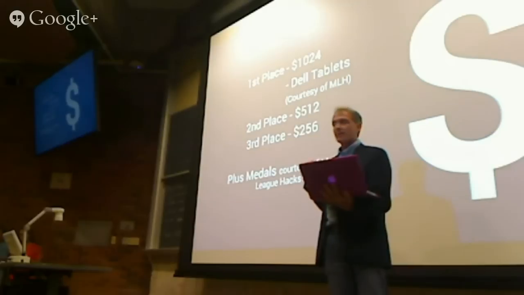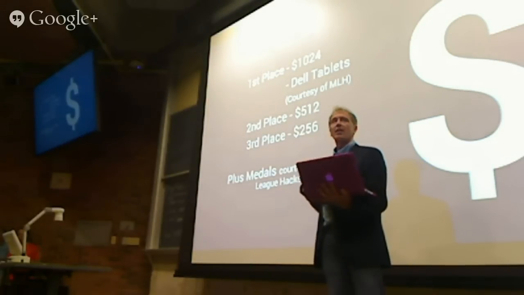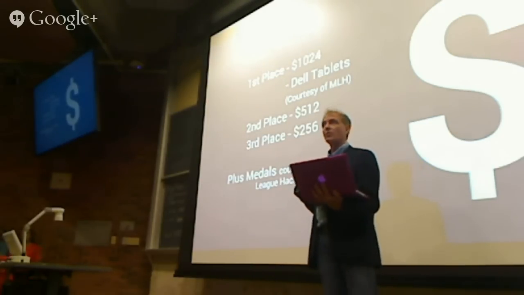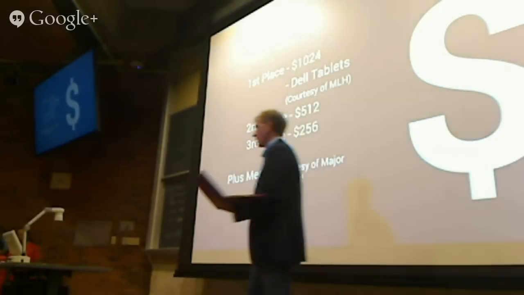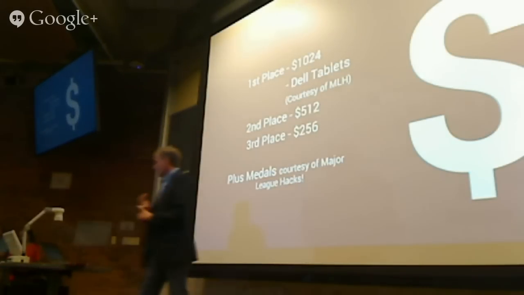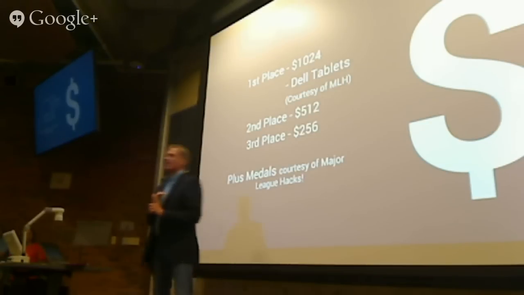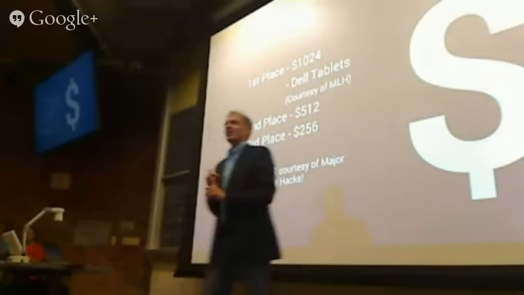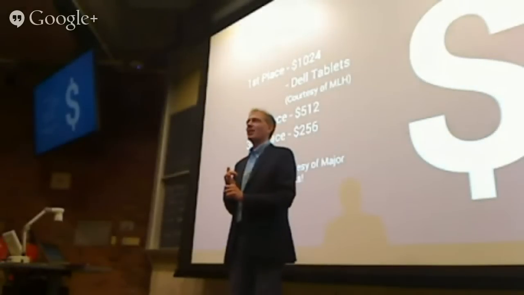So we decided that we had a tie for third place. So we're going to have two teams with the third place prize. And those two teams are Mole Sniffer and Swoosh. Come on up.